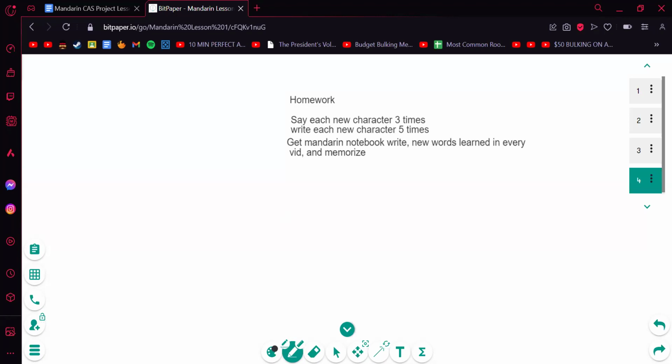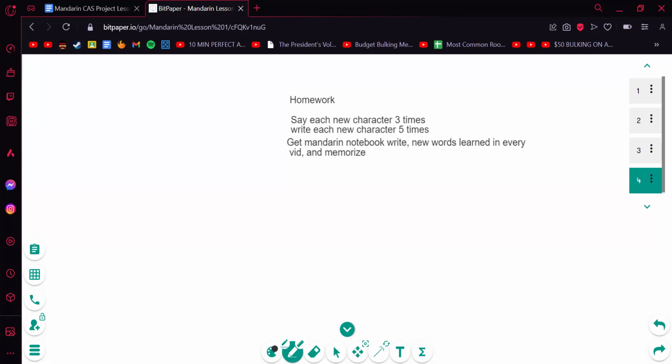Maybe have one page with all the words and then be like, all right, what does this mean? Or don't even write what the word means. Just write the Mandarin character by itself and then if you need to remember what it means, go back and watch my video. But your notebook's just going to be filled with the words, right? And practice that every day. Try to identify what a word means every day. And you're going to compile more words into the notebook every day.